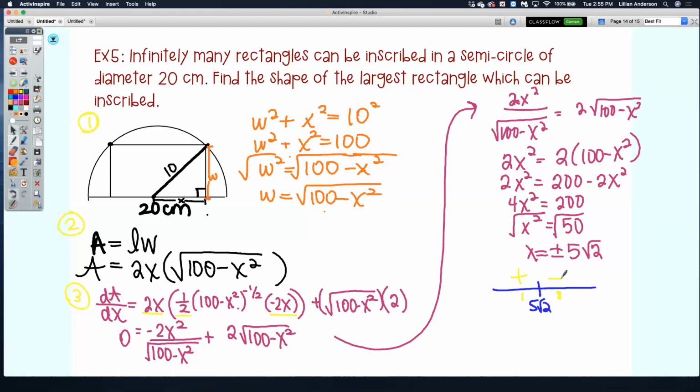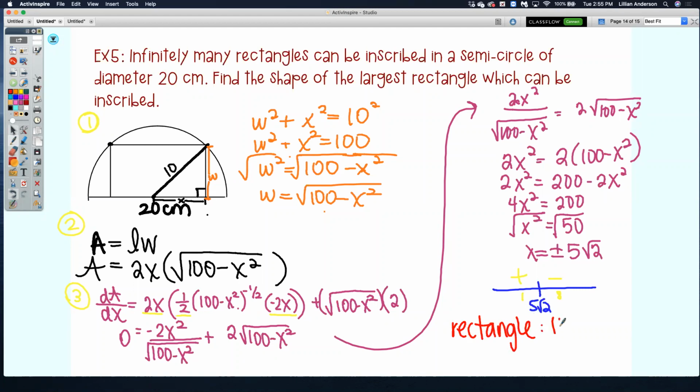So find the shape of the largest rectangle that can be inscribed. Well, to produce that largest area, x is going to have to be 5 square root of 2, which means that my entire length, let's do this in red. The entire length of my rectangle is going to have to be how long? Say again?